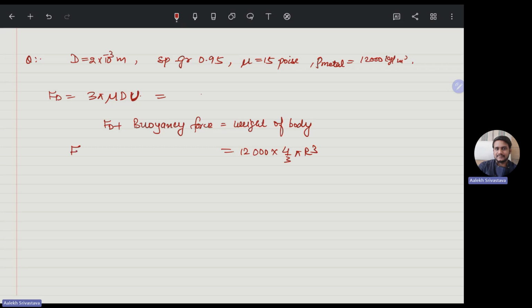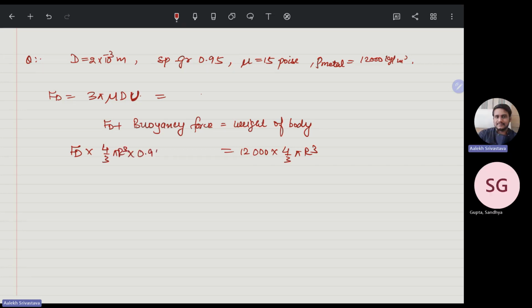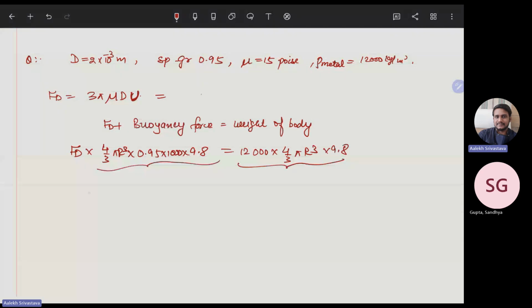The force of drag we need to find, and the buoyancy force is the volume of the displaced liquid, 0.95 into 1000, into 9.8. So this is your weight of the body, and this is your buoyancy force. If you solve, this value will come as 0.000493.